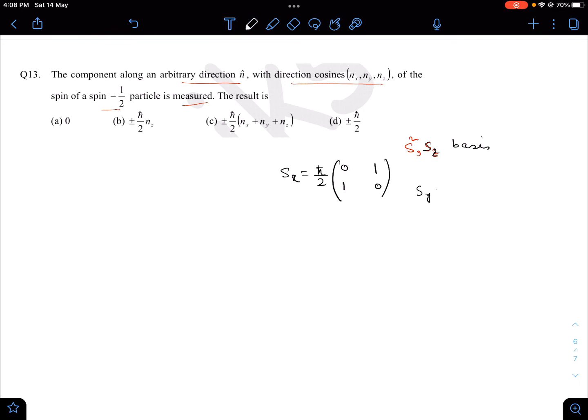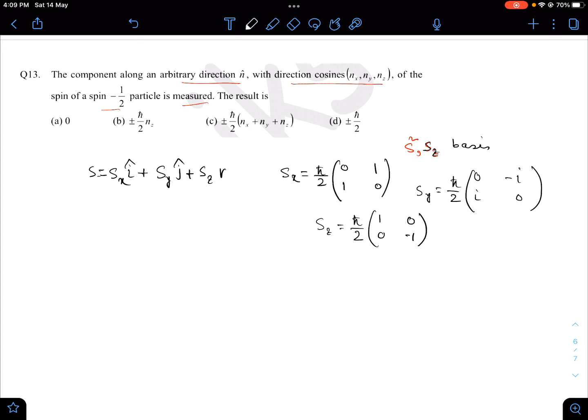Sy is h cut by 2 times 0, minus I, I, 0, and Sz is h cut by 2 times 1, 0, 0, minus 1. So we can write spin, just as an operator, as Sx i cap plus Sy j cap plus Sz k cap.